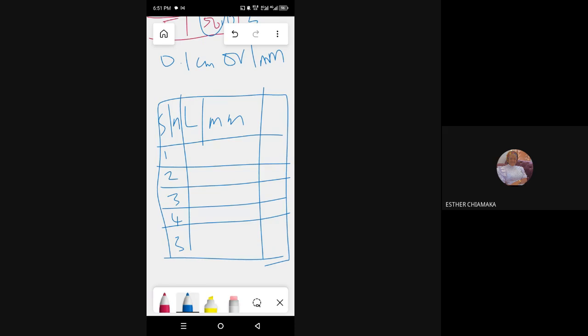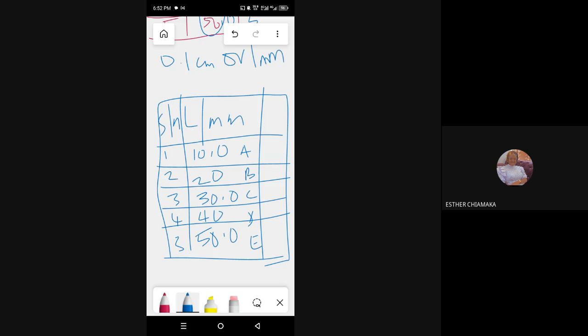You will tell me which of A, B, C, D is correct. I'm using meter rule to take a measurement and I'm recording it in mm. So the first one is 10.0, the second one is 20, the third one is 30.0, the next one is 40, the next one is 50.0.